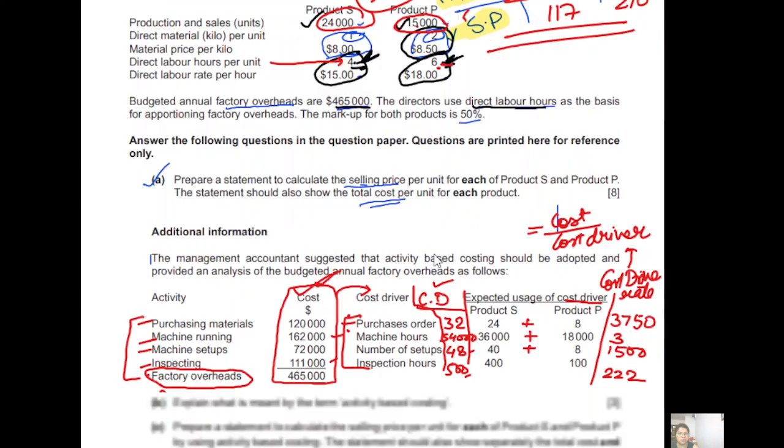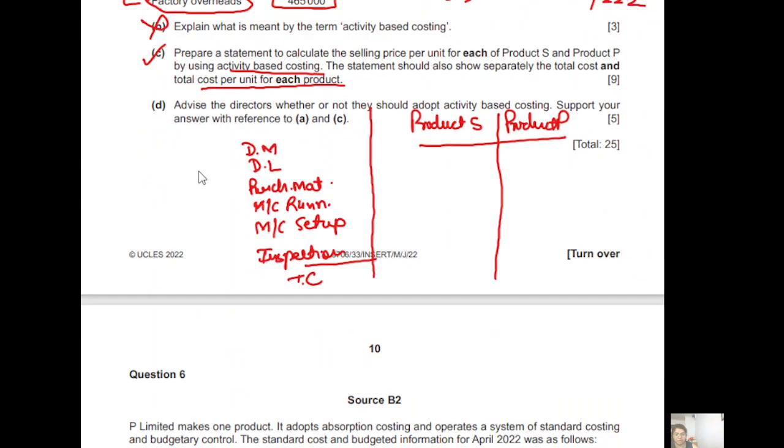So what we are going to do: 24,000 into 8, and here 15,000 into 17. So 192,000 here and 255,000 here. Okay, I hope you understand this thing.